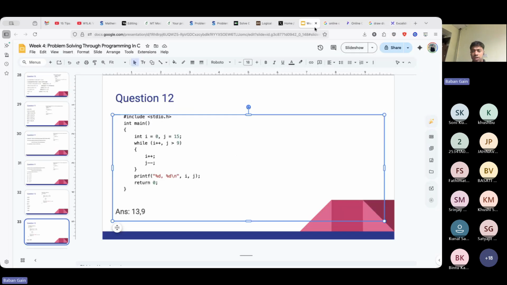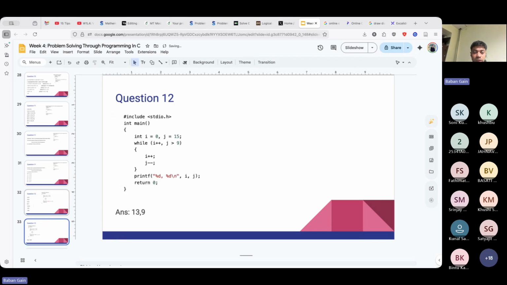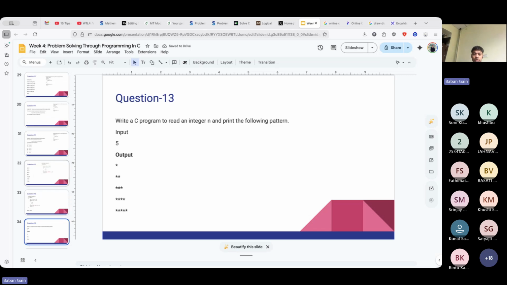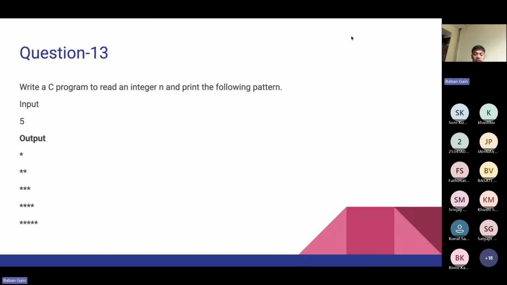Okay, then I'll give some very simple patterns for you. Please tell me how to draw the patterns with a for loop and maybe if statements. So basically, let's say I ask a user to write a number, and then we have to print a pattern like this. At first 1 star, then 2 stars. If 5 is the input, then I have to write 5 stars at the end.